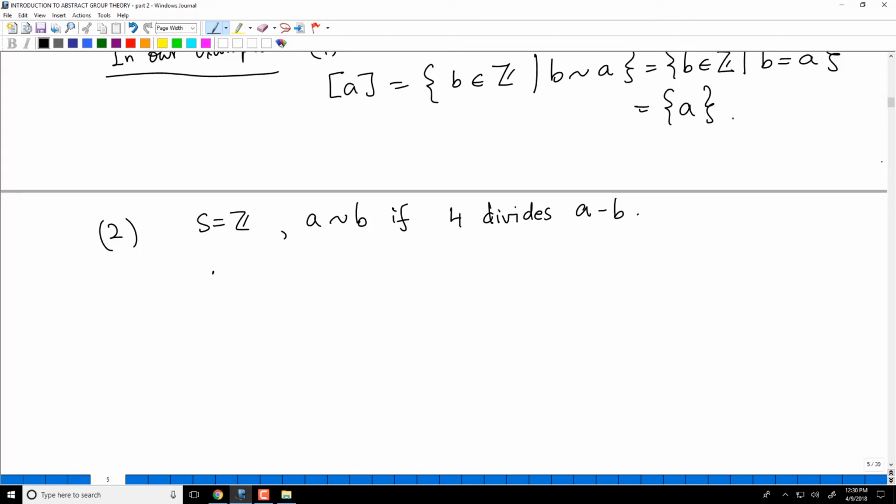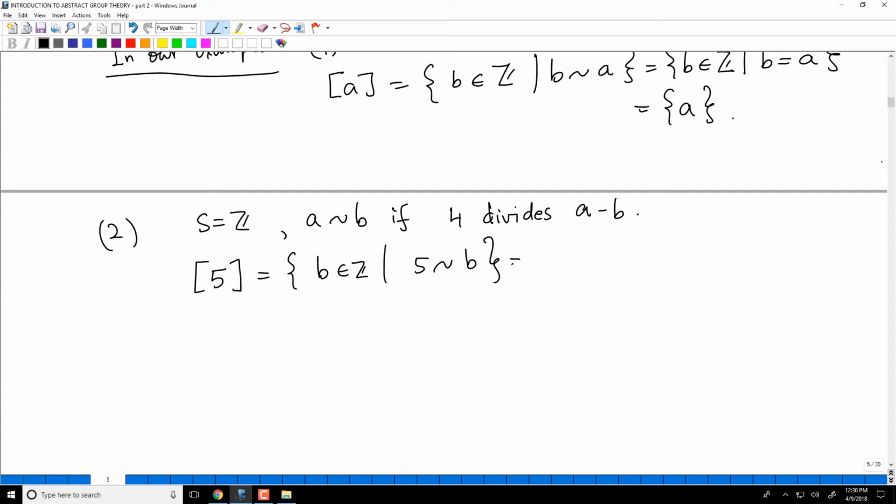Let's say 5, that we have seen earlier. What is the equivalence class of 5? These are all integers b such that 5 is equivalent to b. This is the same as writing b is equivalent to 5, because this equivalence relation has that property.